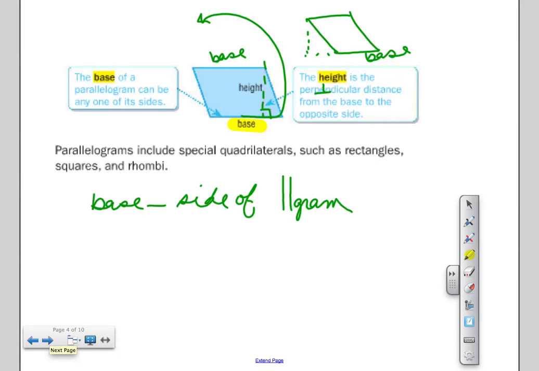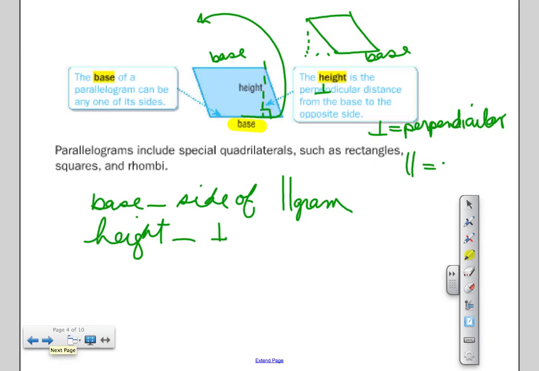Good, I thought you would. So the base is one of the sides of the parallelogram. The height, by definition, is the perpendicular. That's the abbreviation for perpendicular. Isn't that nice shorthand? So let me write that someplace. That equals perpendicular. Write that in your notes, guys. That symbol means perpendicular. This one means parallel.